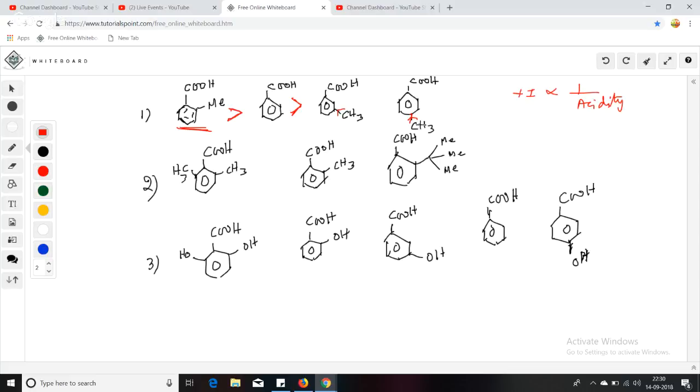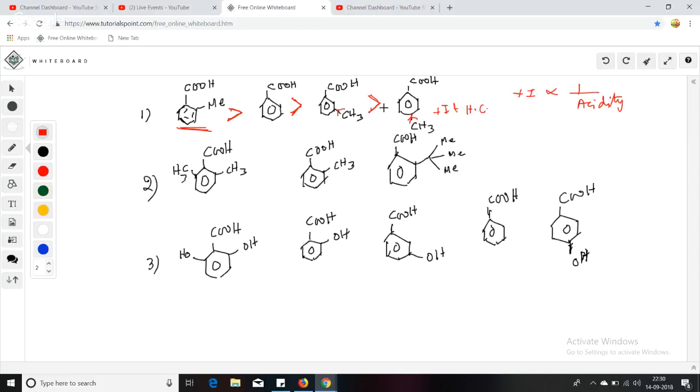And here we have plus I possible, and along with plus I we have hyperconjugation also. Because of hyperconjugation, the acidity of this compound decreases. So if you see the combined effect of plus I and hyperconjugation, the order is found to be this.